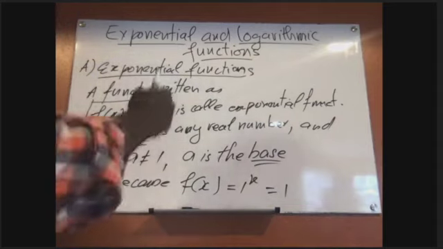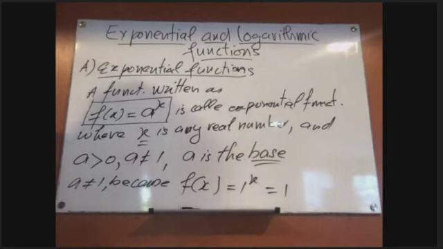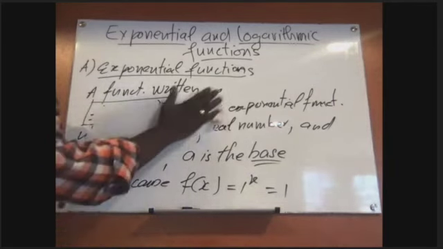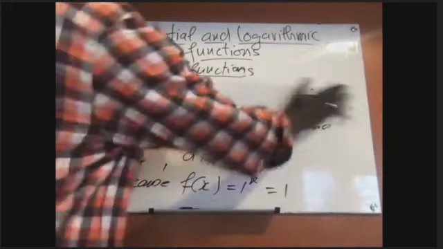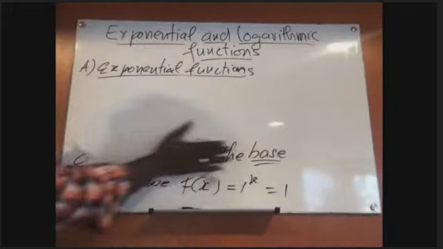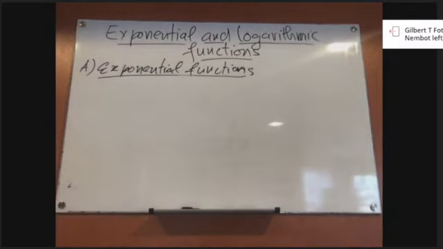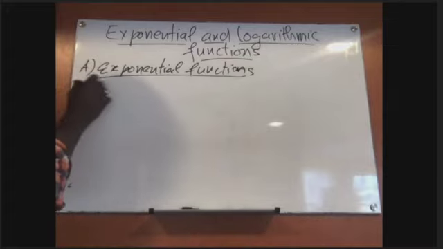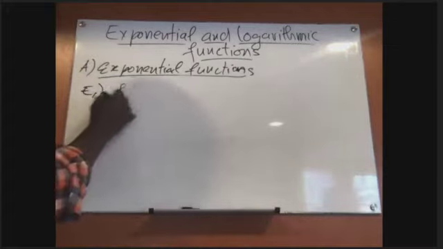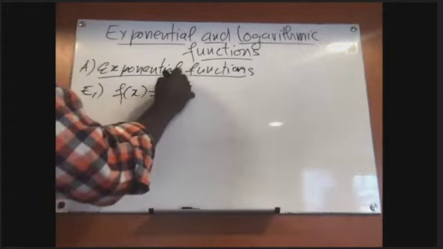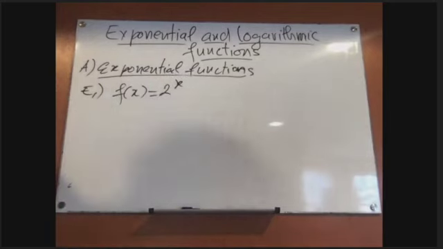Okay. So this is the definition of an exponential function. Now the question is, an example of an exponential function. f of x could be equal to 2 to the x, as everybody sees.